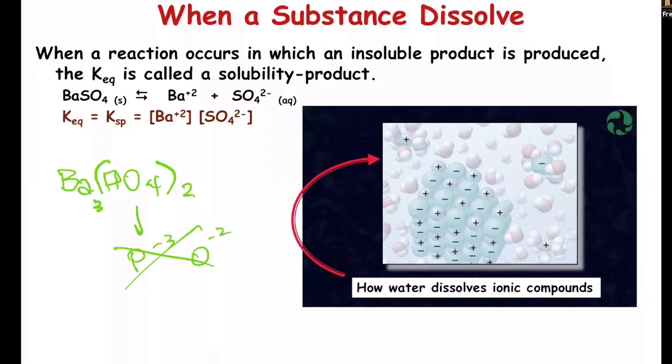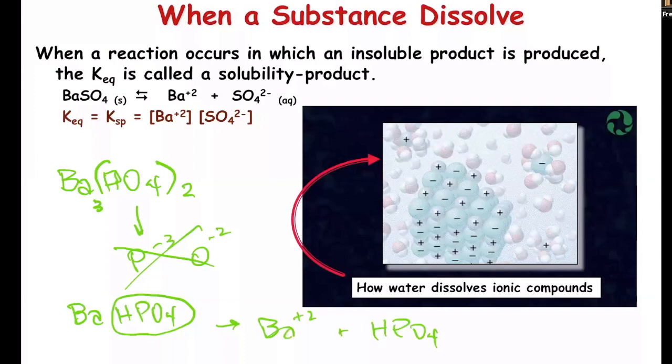Another example that you will see is this guy right here. This chemical right here is barium biphosphate. This is a stable polyatomic ion. So this thing will break down to barium and biphosphate. Because the phosphate now has a hydrogen, the charge goes from -3 to -2.